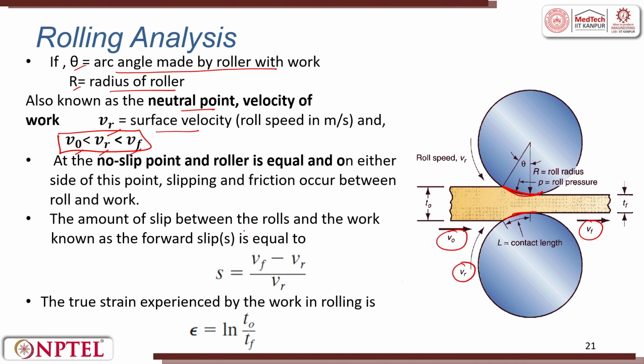The amount of slip between the rolls and the work is known as forward slip. Slip is equal to the difference between the final and the neutral velocity per unit neutral velocity. We have true strain, which is given by the log of the ratio of the initial and the final thickness.